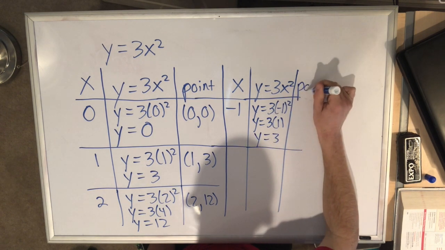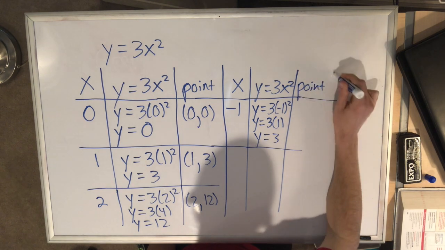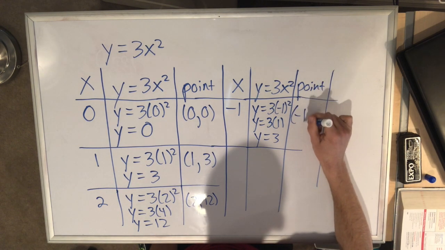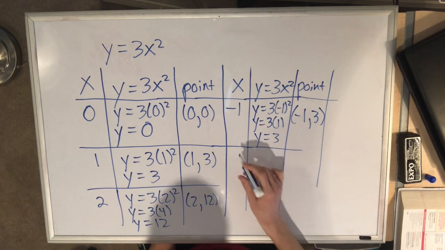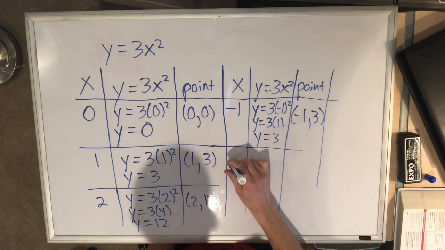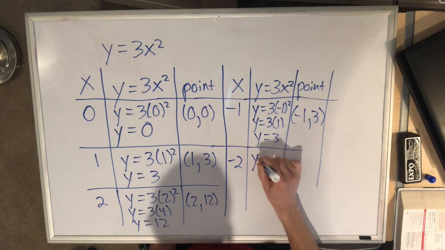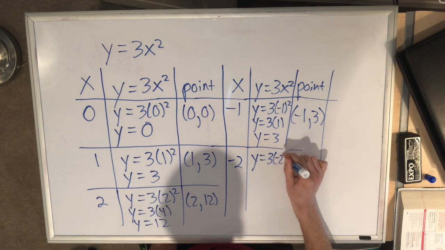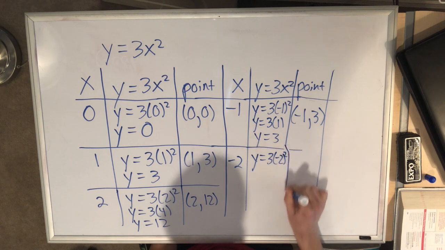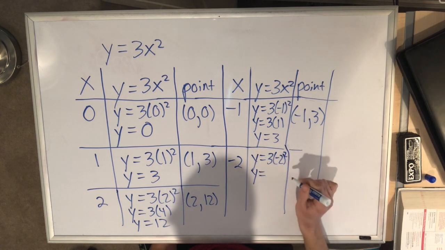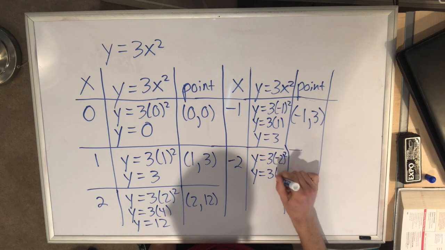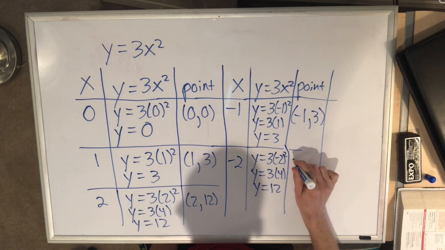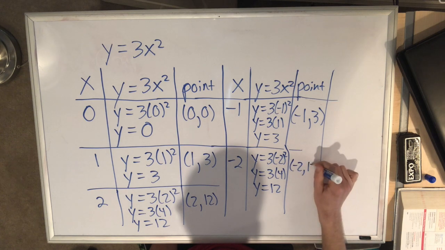So we get the point -1 comma 3. And now substituting in -2 for x, y equals 3 times -2 squared. -2 times -2 is positive 4. 3 times 4 is 12. We get the point -2 comma 12.